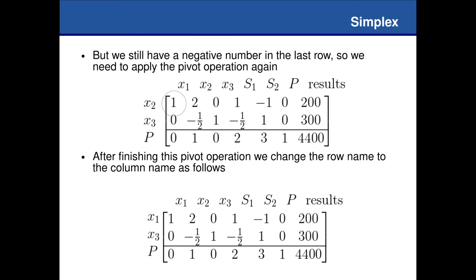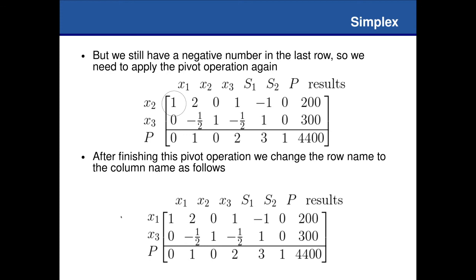Now, of course, we substitute this variable by x1. So instead of x2, we're going to have x1. And you guys can notice that the number of constraints define the variables that are going to assume non-zero values.